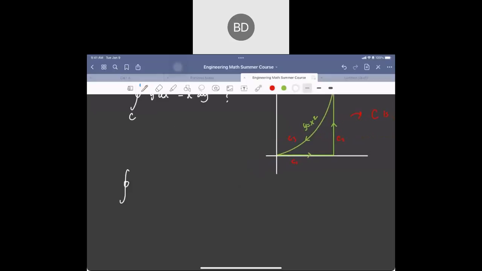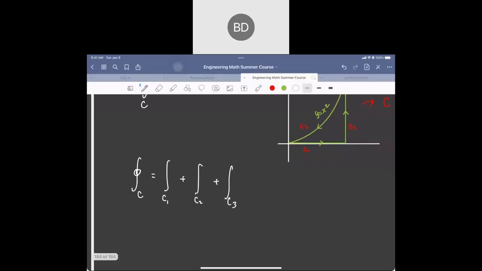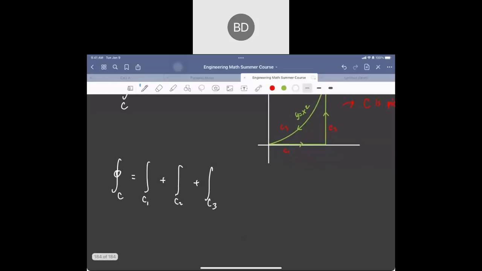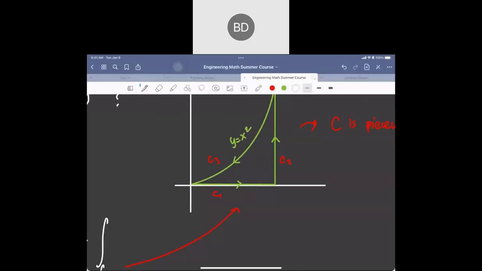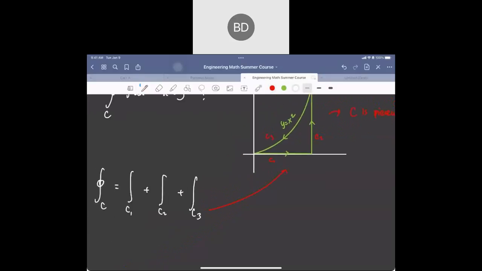So let's take this closed curve C and write it as C1, C2, C3, just as an illustration, to let you know that these three curves make up the total curve. C1, C2, and C3 are the ones that we are going to look at here.